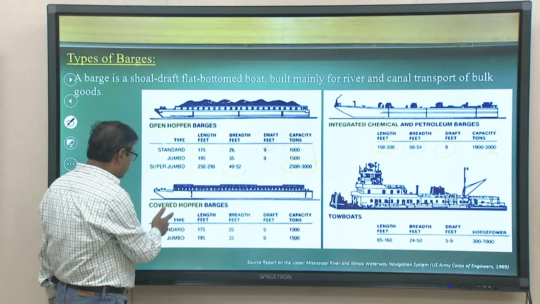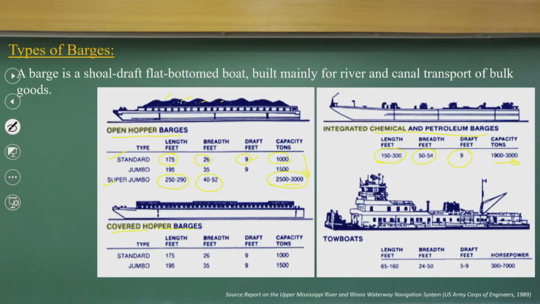In the same way, if you look at covered hopper barges, the standard one is 175 length, 26 width, draft 9 feet, and it can carry thousands of tons. And there are the tow boats, which have a length, breadth, depth and horsepower needed.